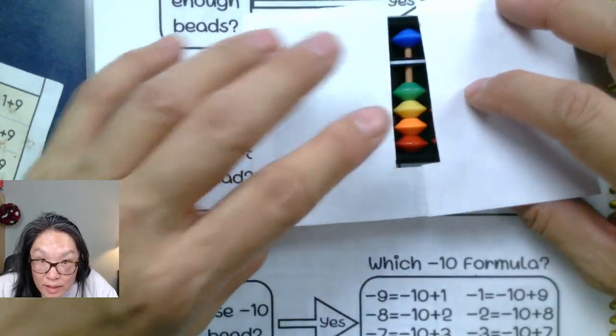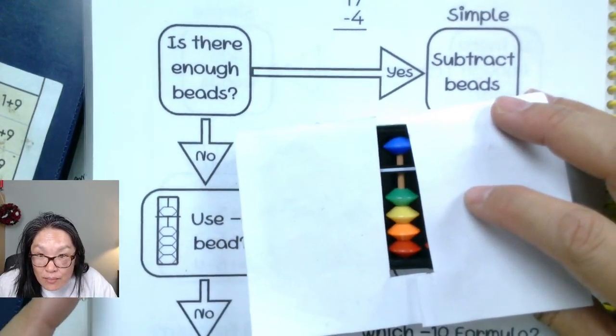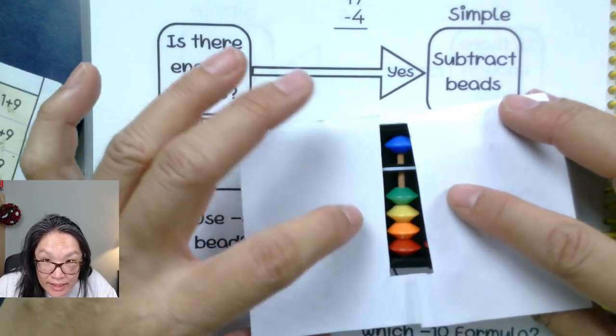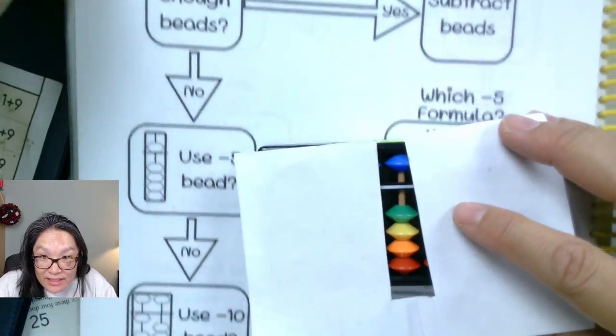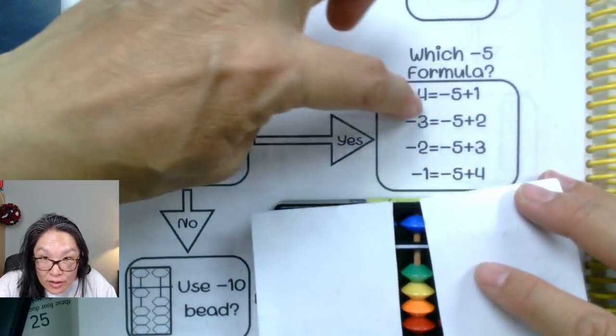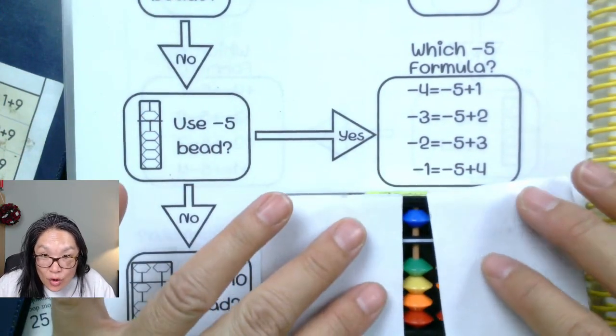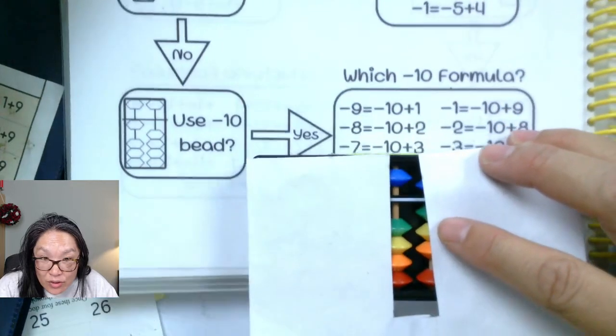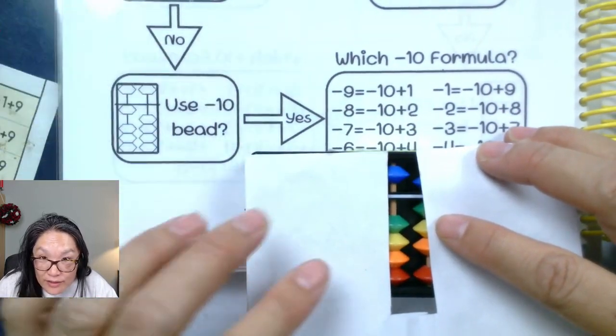Minus 1. Can we minus the 1? No, we cannot. Can we minus the 5? Can we minus the 5? No, we cannot. So then we have to, yes, thank you, Marvin.